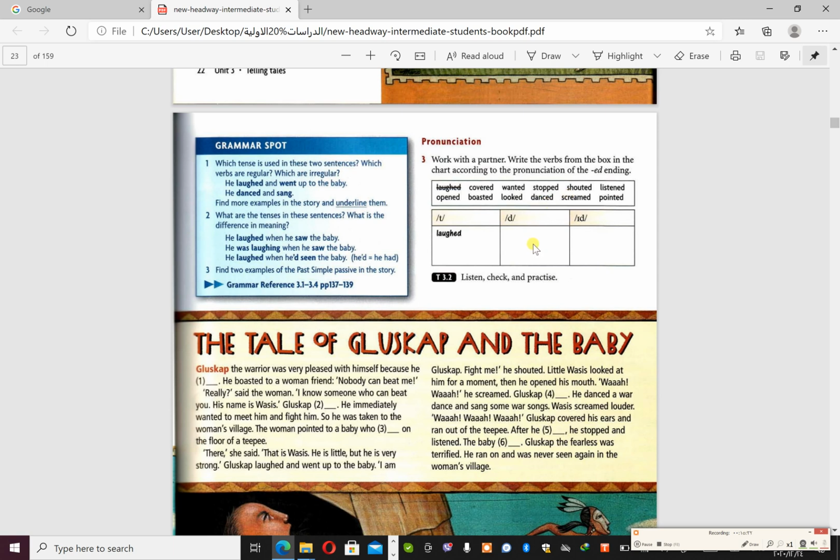Listen, listened, open, opened, okay? And here, boasted, okay? Look, looked, dance, danced, scream, screamed, okay? While here, point, pointed, okay? So you have to be careful how to pronounce it correctly.